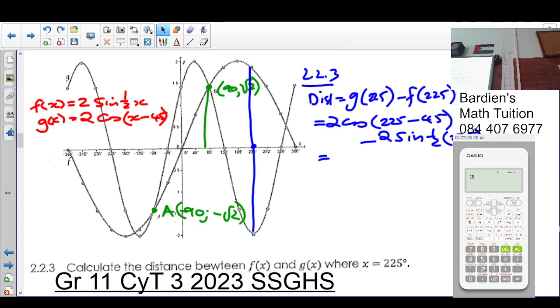So it's 2 cos 225 minus 45 minus 2 sine of a half times 225. Negative? No, that's not right.